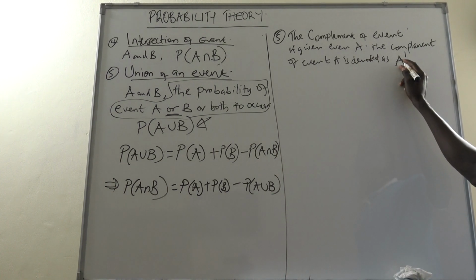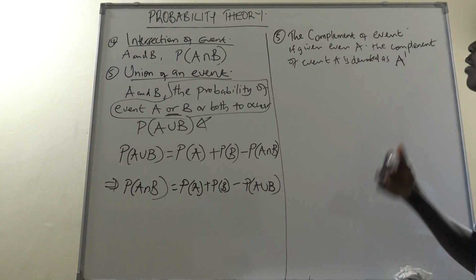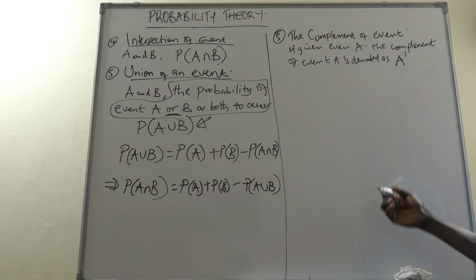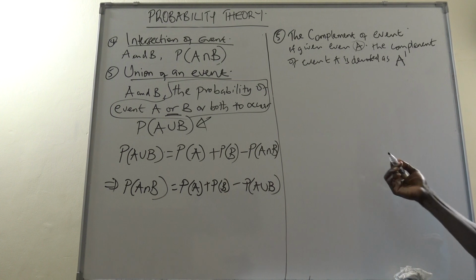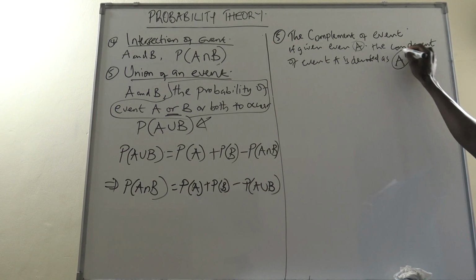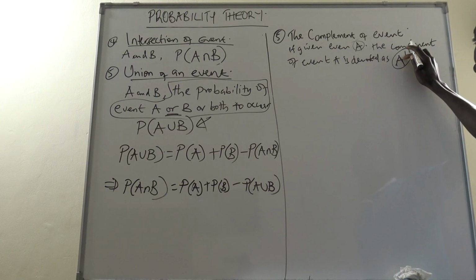Otherwise, when you have this, it means event A not occurring. So long as they have given you event A, the probability of event A not occurring will always be denoted by this.